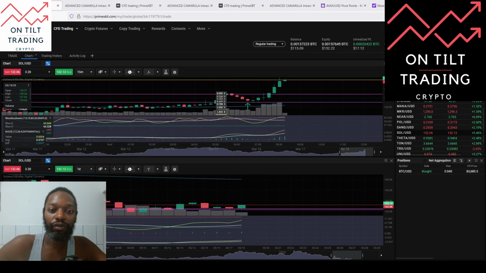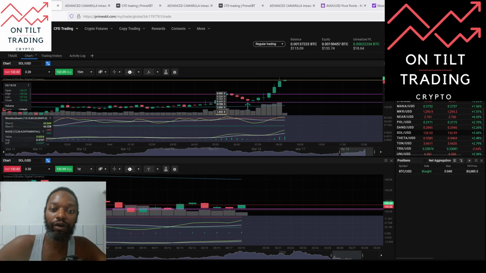So here on pullback, I use the Fibonacci retracement to time a pullback here at the 0.618 level. Sat through a little bit of pullback down here to the 0.764 level.